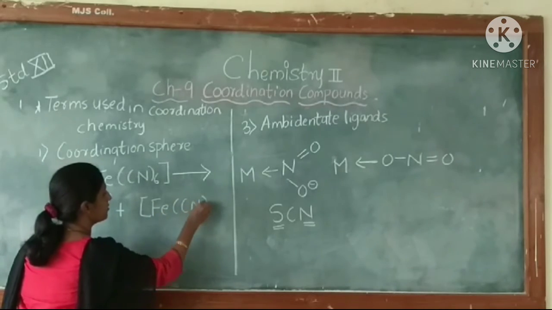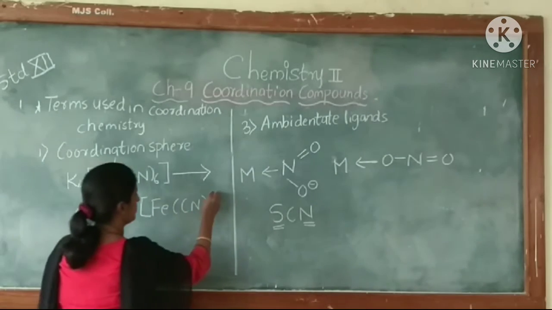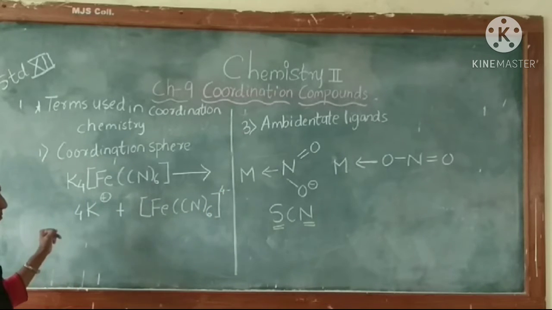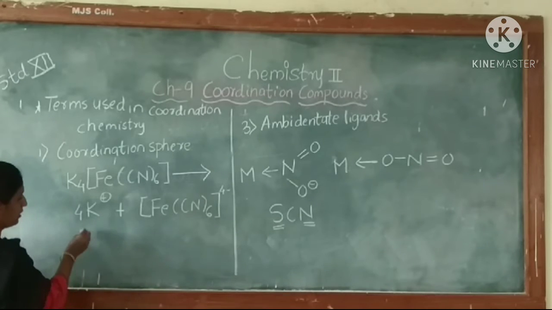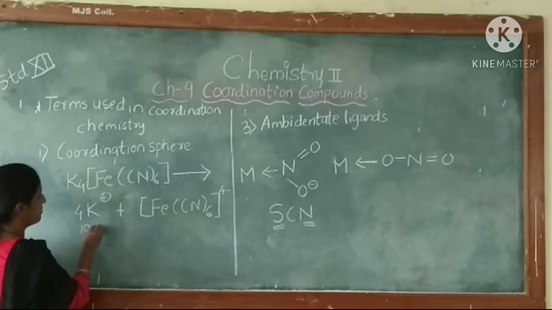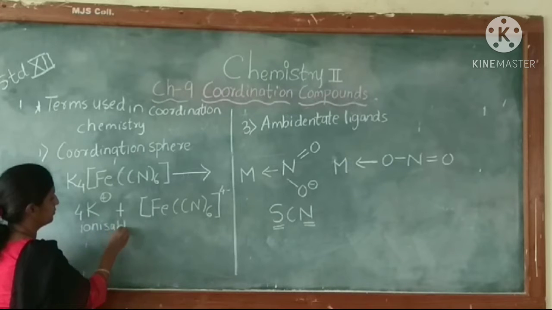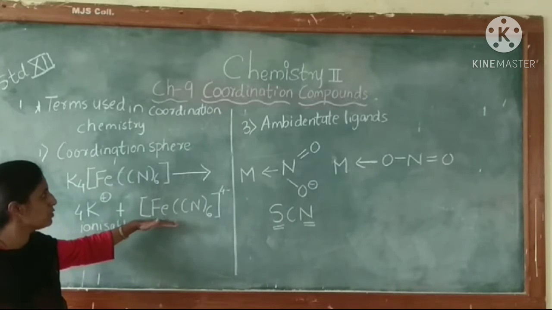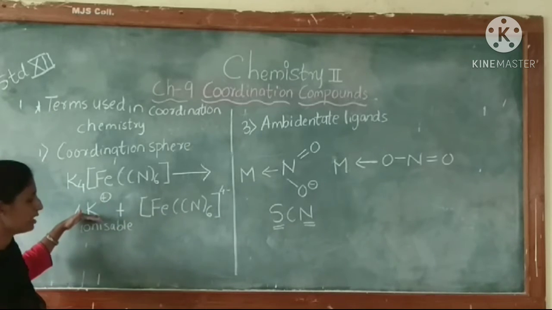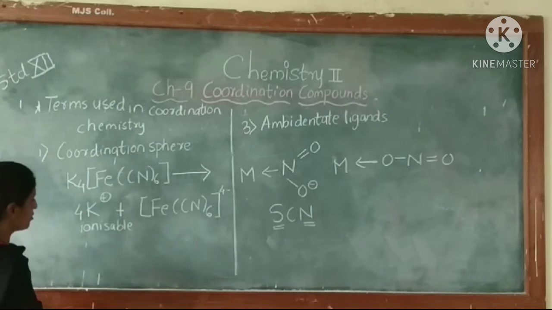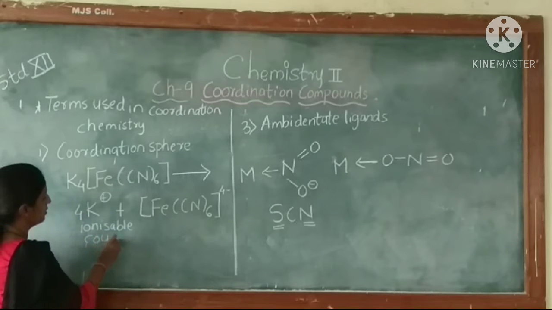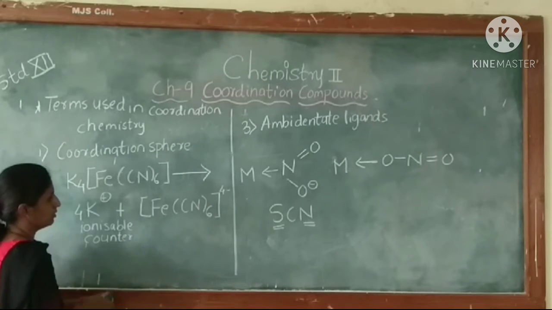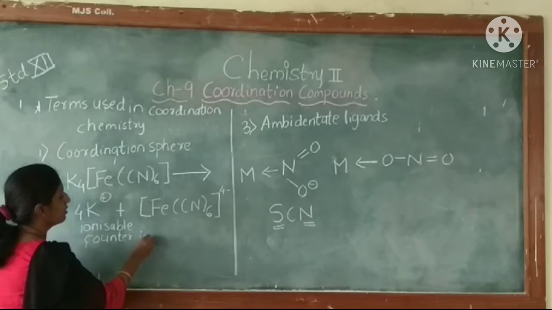This is known as the ionizable group. This is non-ionizable, so this is the coordination sphere. This is your coordination sphere, and these are ionizable groups. So this is also known as your counter ion.